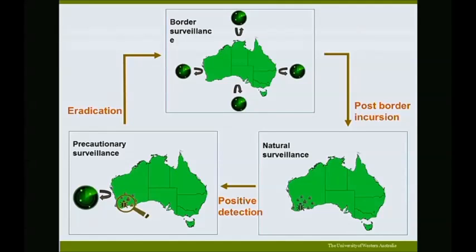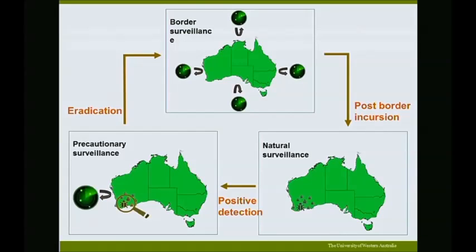A Khapra beetle is pretty small. Sorry, where are they expected to come from? They're fairly ubiquitous, but probably India, Pakistan. The Perth incursion actually came from Pakistan, it is thought.